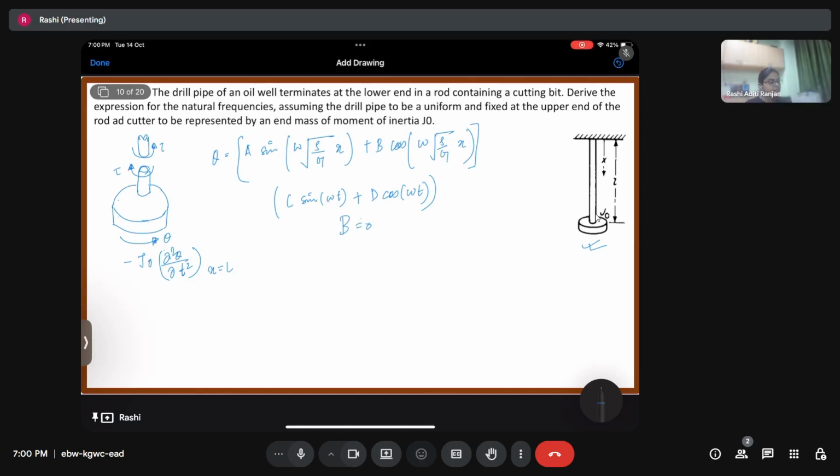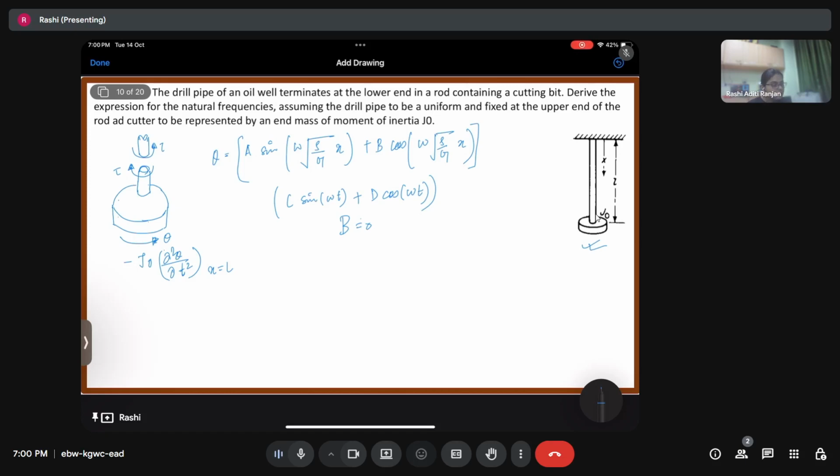Coming on to further things. See, how can we write this torque value? We need to find out how the torque is related, right? Then only we can write the expression for the torque balance. Till now, we don't know.